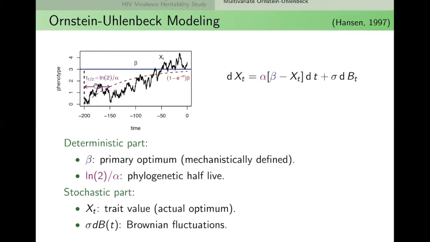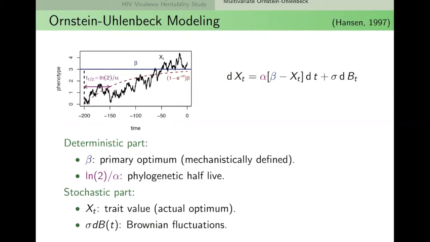And what you can look at for interpretation reasons is the phylogenetic half-life. This is the time it takes to go from where you are to half of where you are going, so this time here: log of 2 over alpha. And you can compare this time to the total height of the tree.